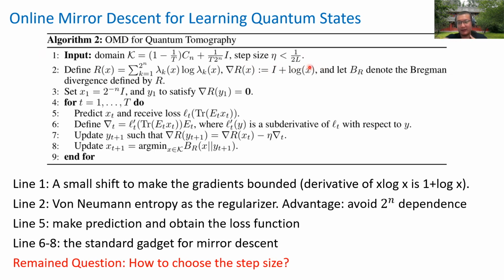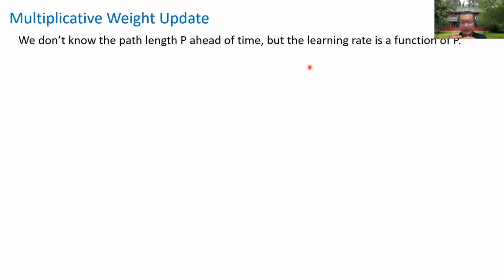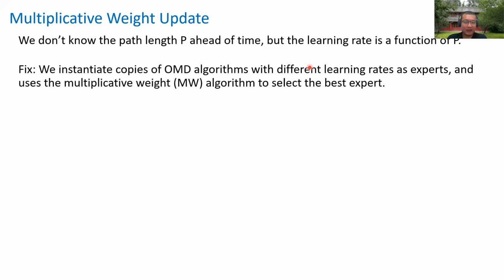And basically, in terms of giving a good learner for this online learning of quantum state problem in general, we actually have to also deal with that. There are some technical details here, but roughly speaking, we also need to deal with the fact that we don't have knowledge about what the path length is.